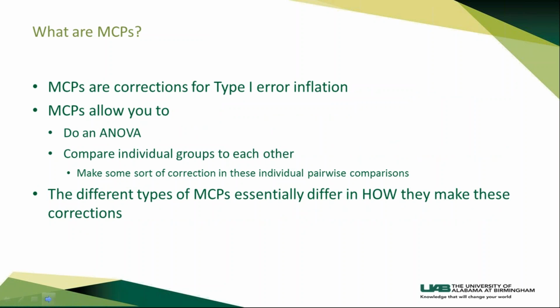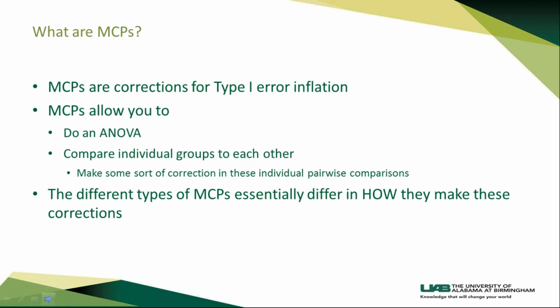So MCPs are used. MCPs meaning multiple comparison procedures, as the name implies. If you have three or more groups and you have an ANOVA type situation like we've been detailing, then if you want to look at specific pairs of groups, you have to consider that type 1 error inflation. So MCPs are simply corrections for those individual comparisons.